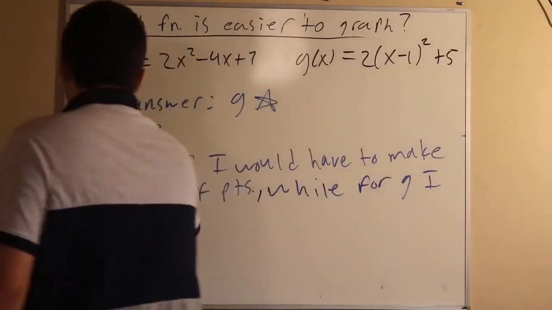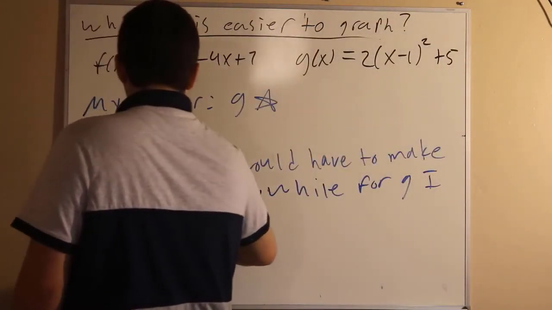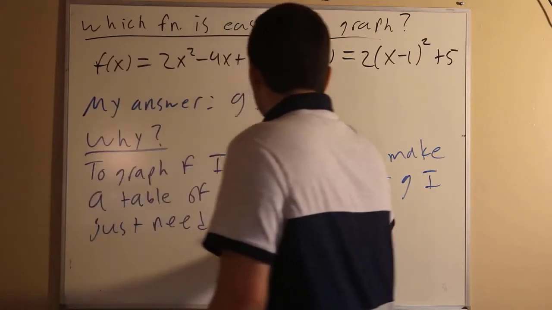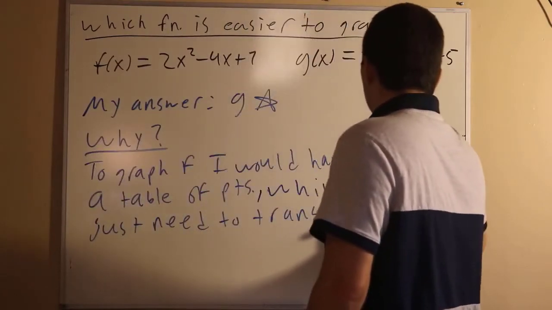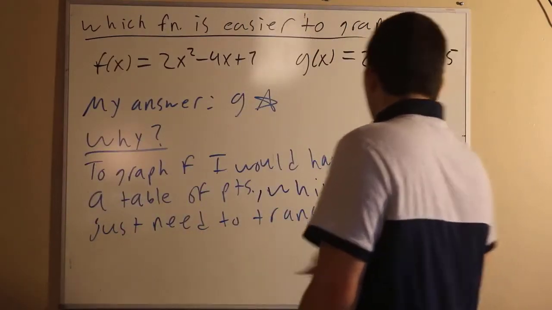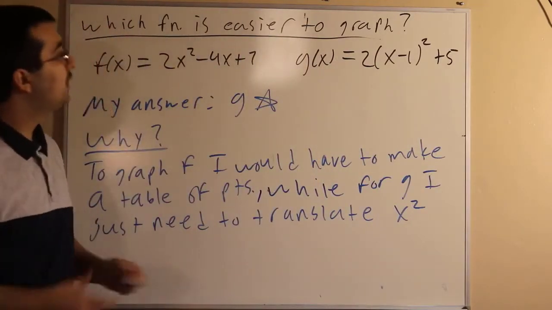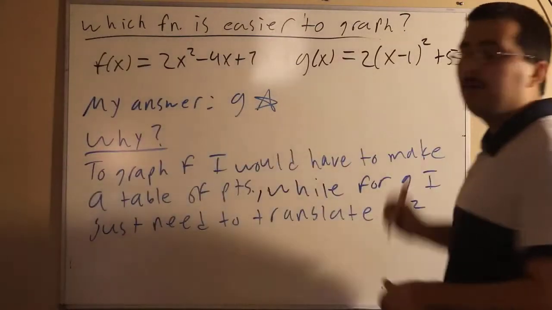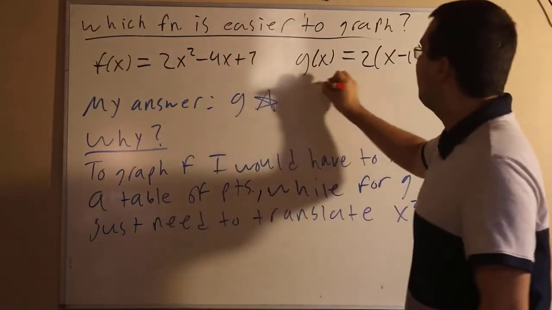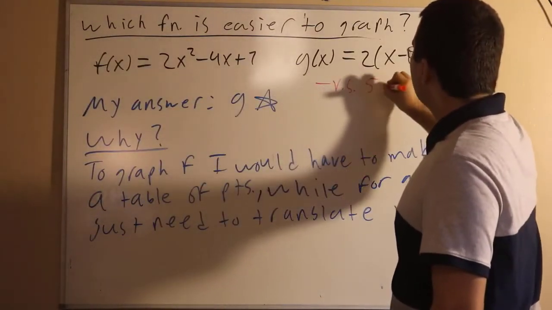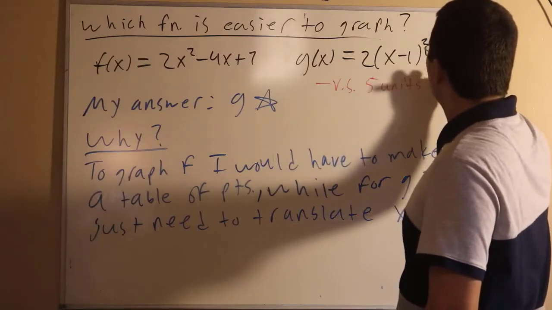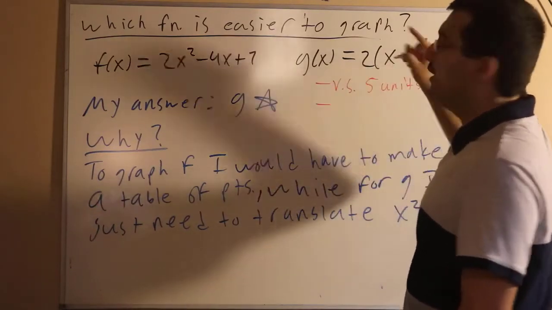I just need to translate x squared. What are the translations on g? We can list those off quite easily. I have a plus 5 on the outside of the square. That's a vertical shift 5 units up. I have a minus 1 on the inside.